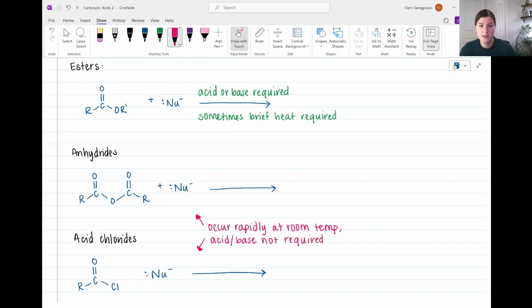Now, this doesn't mean that you can't add acid or base, or that you can't increase the temperature, but for the reaction to occur, neither are required.